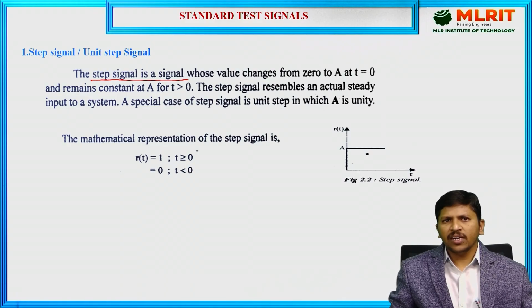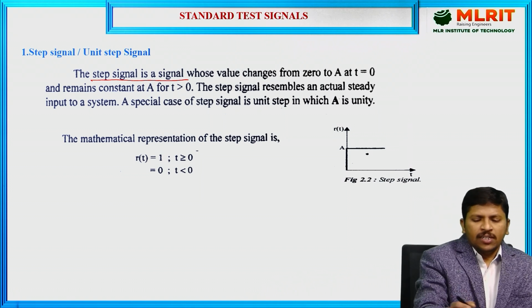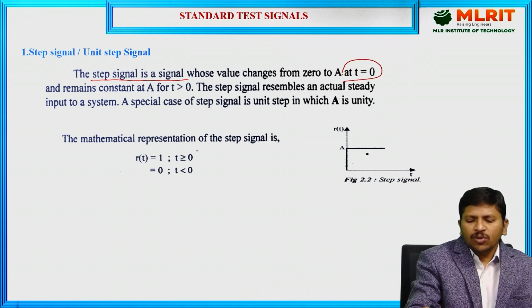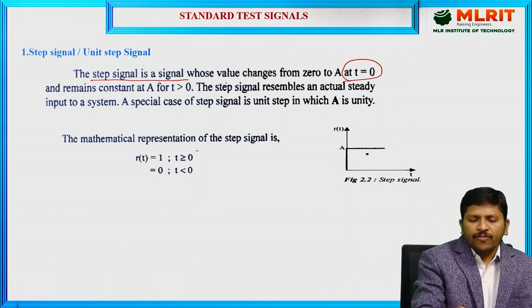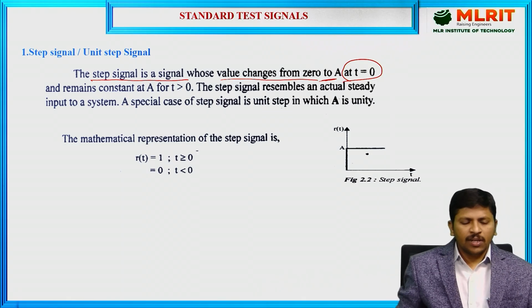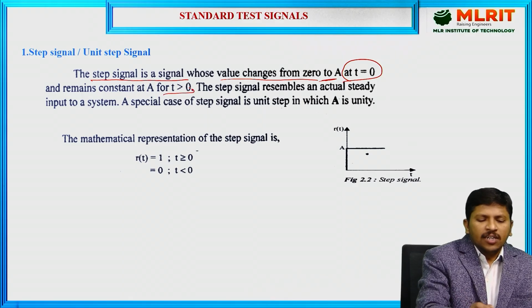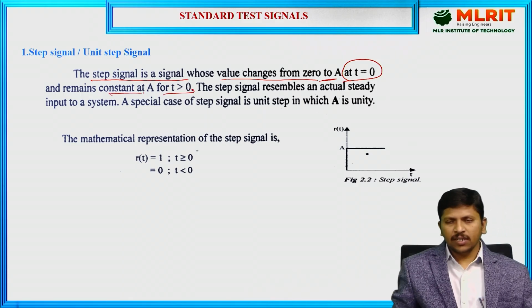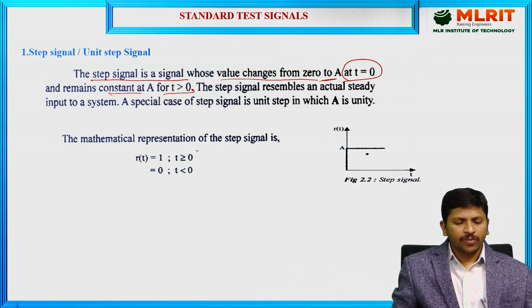The remaining condition: for t greater than 0, it is going to be constant. When t equals 0, the value changes from 0 to A. That is the step signal. For t greater than 0, it is a constant.